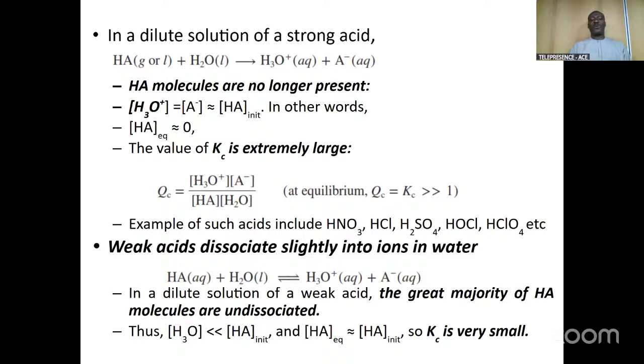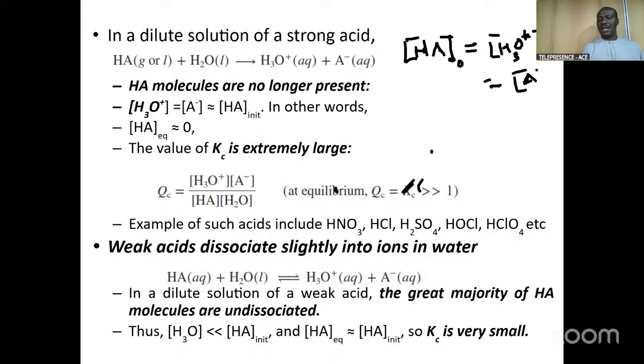All the HA have been transformed completely to hydroxonium ion, such that whatever concentration of the acid we have initially will be exactly or approximately equal to the amount of H plus or H3O plus, which will also equal the amount of the corresponding anion that is formed.